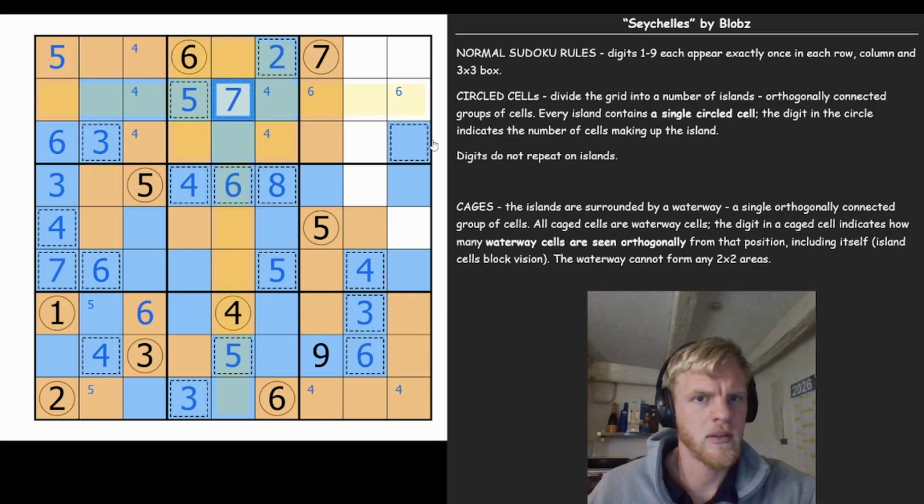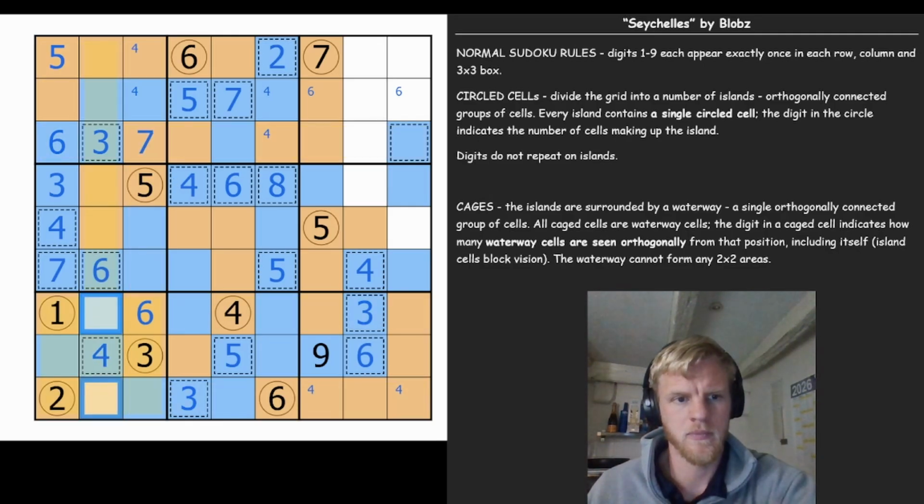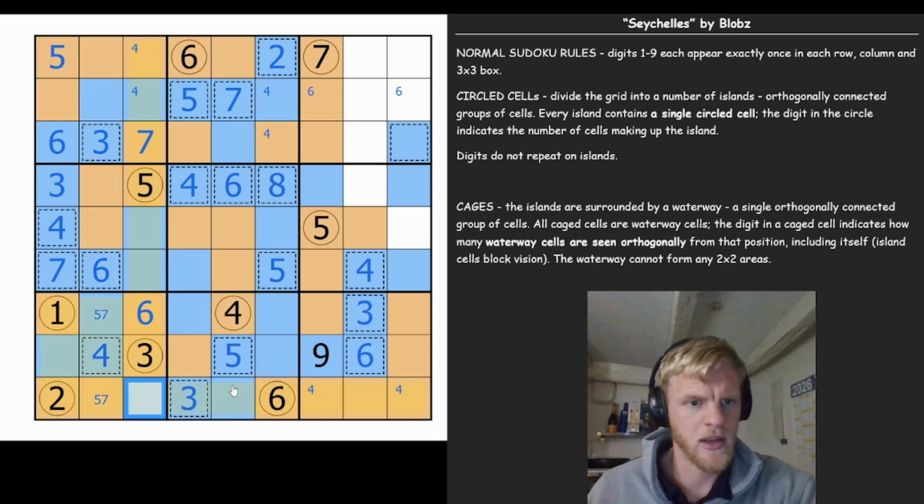And only one cage is left. That's good. 7, 7 by Sudoku. 7 in here. And this is a 5, 7 pair. And that's an 8, 9. We do know that the 9 needs to be in here.